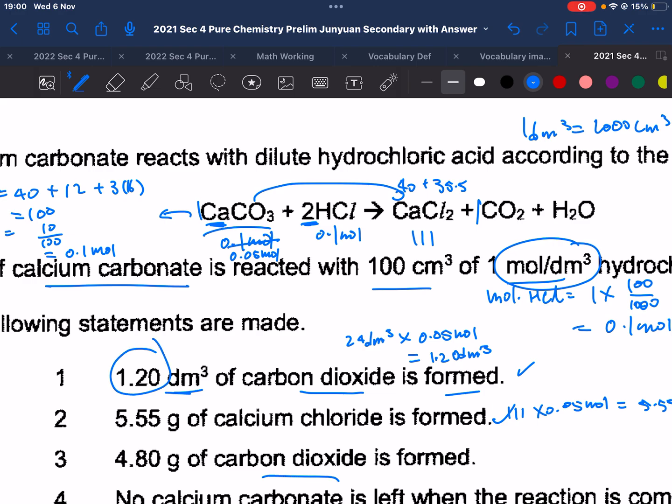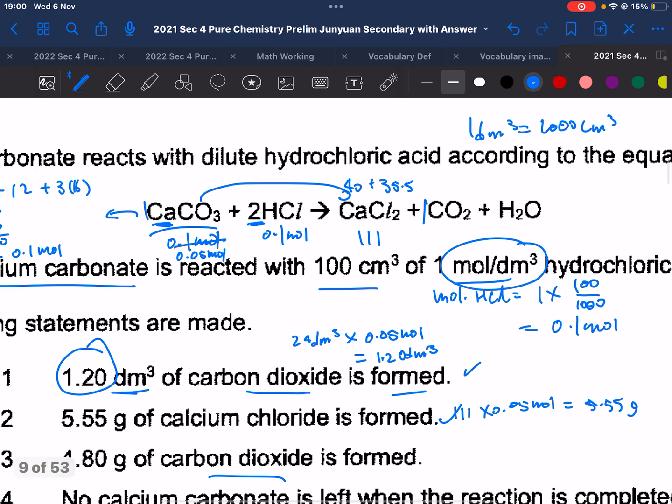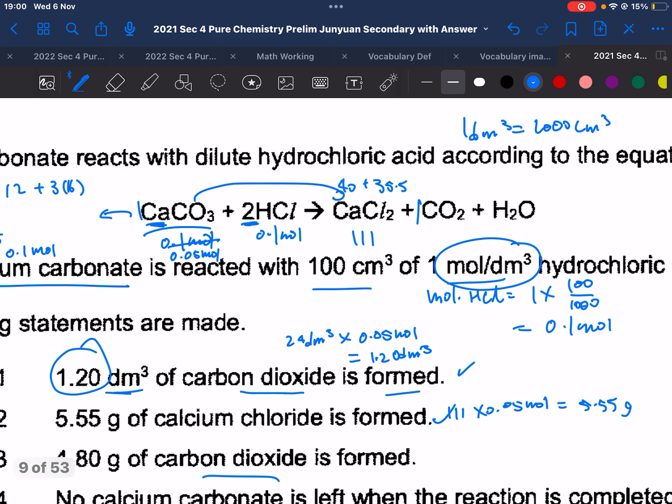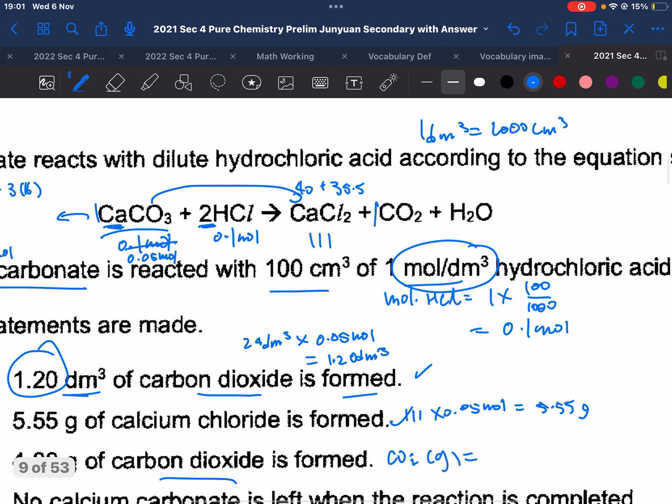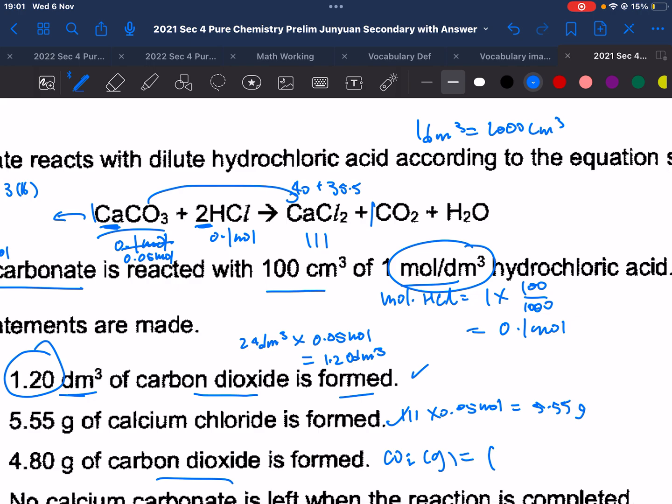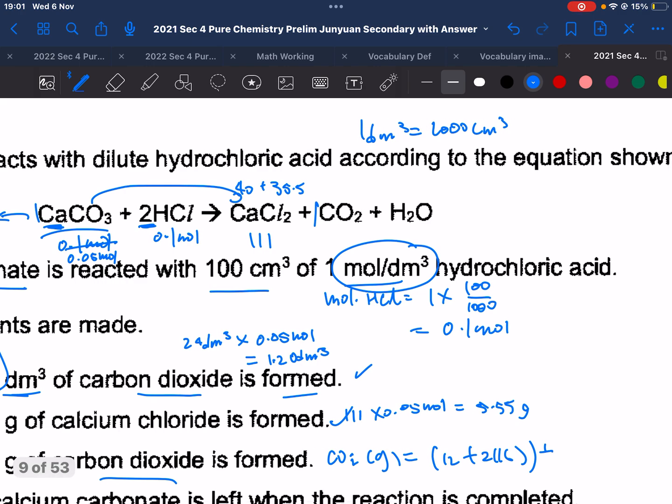0.4 grams of carbon dioxide is formed. We know that 1.2 dm3 of carbon dioxide is formed. So to find the mass of carbon dioxide in grams, what's CO2's relative molecular mass? We'll take 12 plus 2 times 16, times the moles.